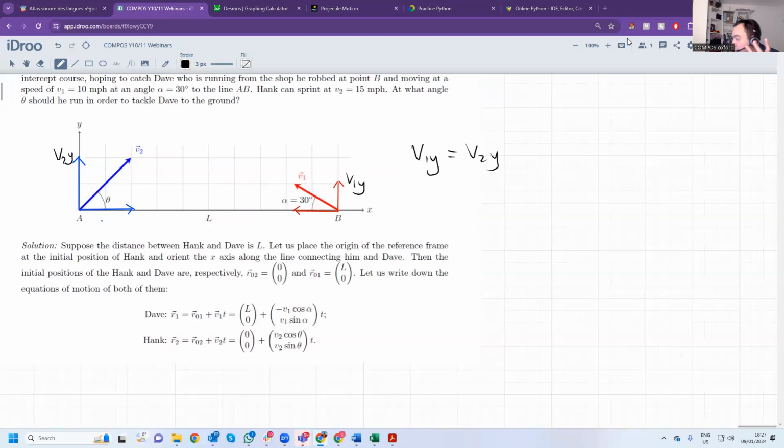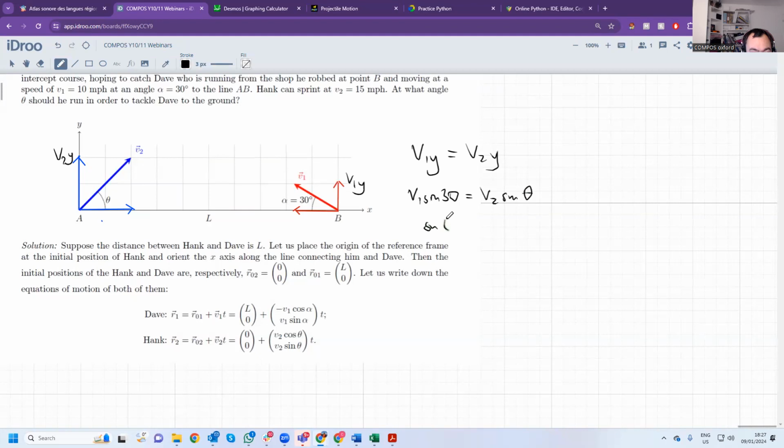When they meet, they have to have the same y coordinates. And that means they have to have the same vertical speed. Therefore V1y, which is V1 sine 30, is equal to V2 sine theta.